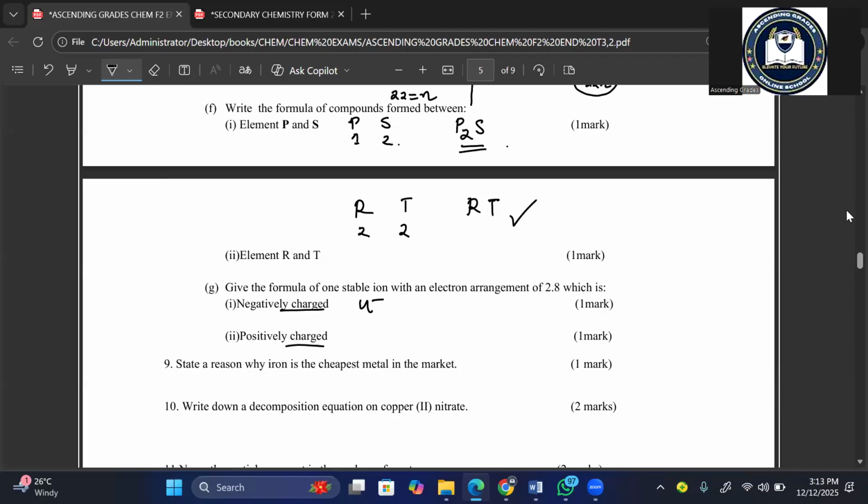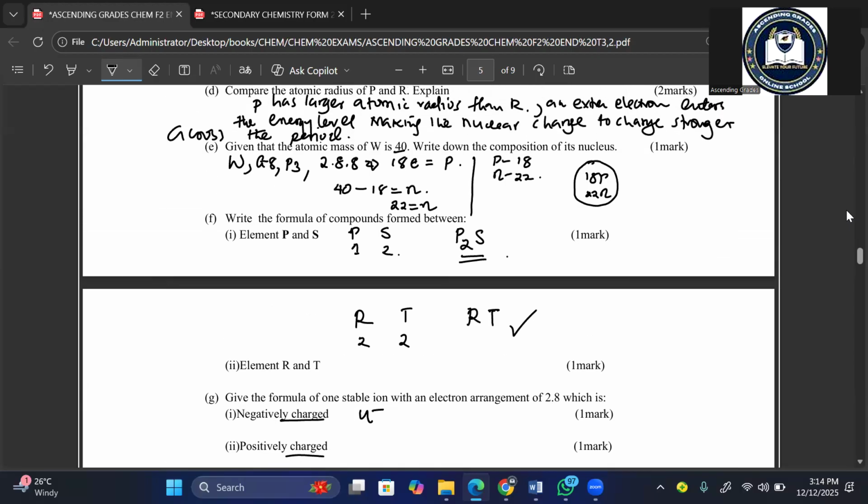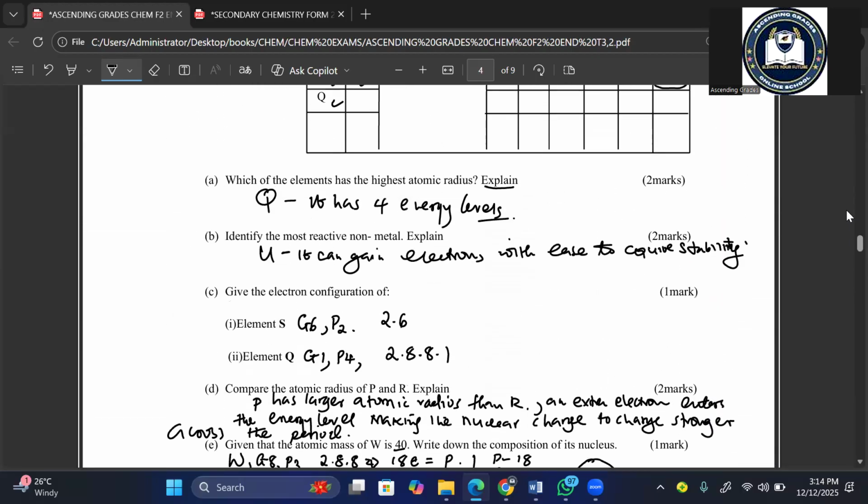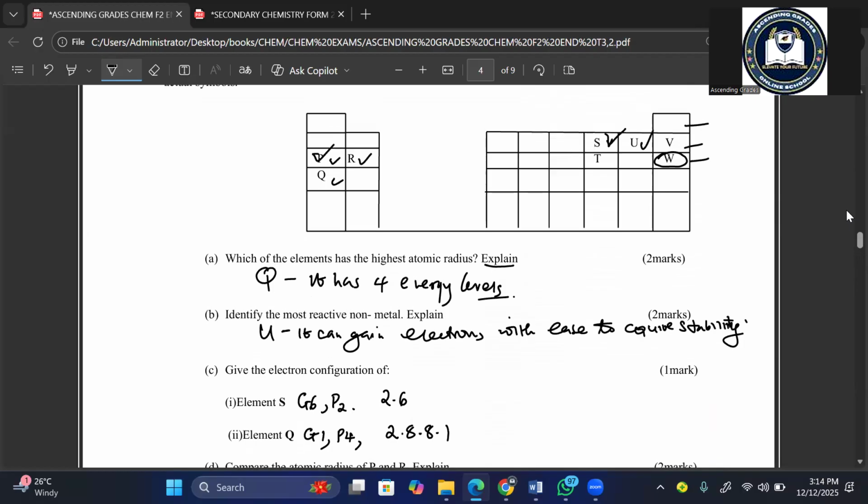Then the positively stable ion with 2.8. Let's take from the metals.